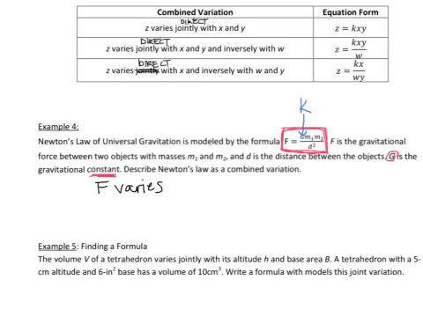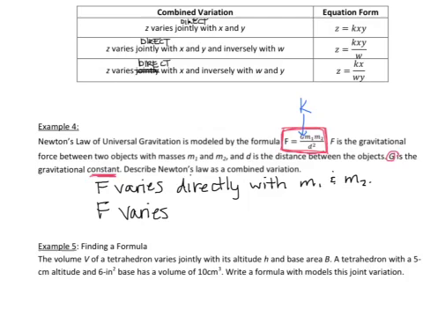How does F vary with M1 and M2? Directly. Or you could say jointly if you wanted to. Directly with M1 and M2. And then you can write it as one sentence or two. And then I'll say F varies.